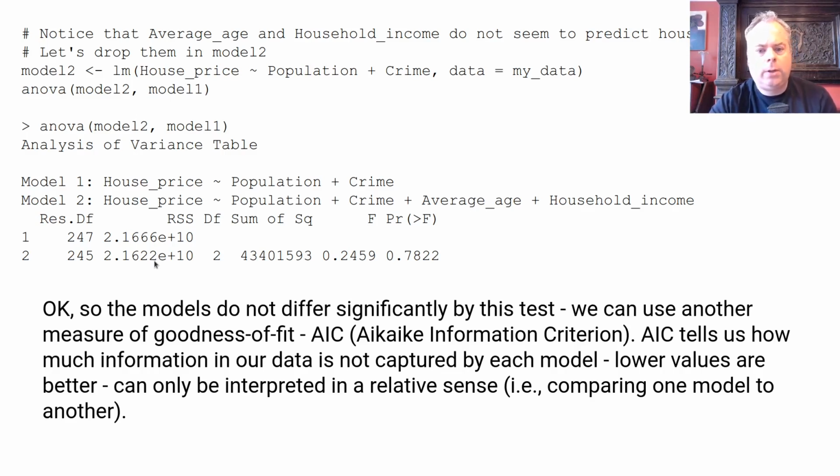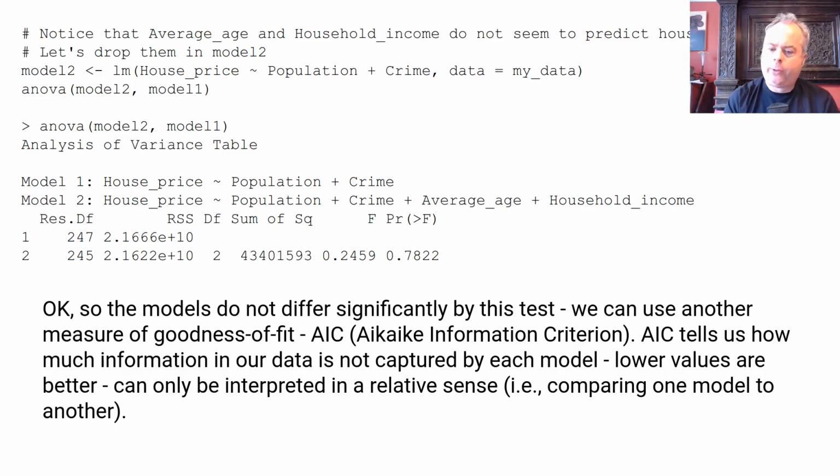But we can also use something else. We can actually use what's known as Akaike information criteria, which is another way of measuring goodness of fit of models. And Akaike information criteria, or AIC, tells us about how much information in our data is not captured by a particular model, with lower values being better.